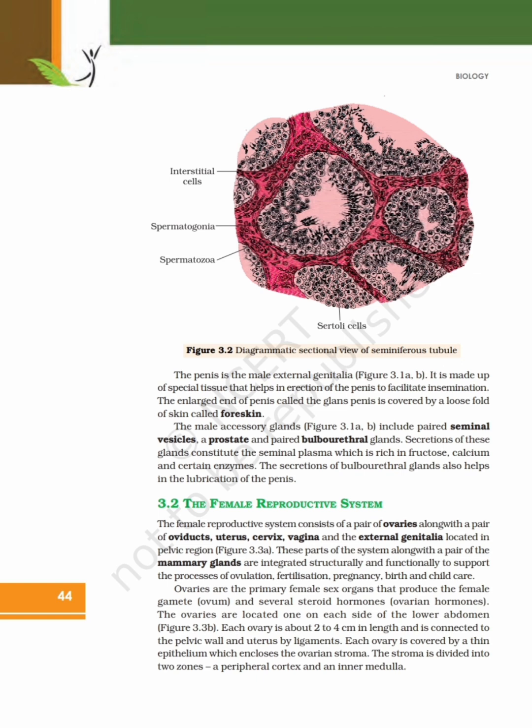Now the next topic is the female reproductive system. Okay, so what all parts does the female reproductive system consist of? The female reproductive system consists of a pair of ovaries. Like in male reproductive system there was a pair of testes, here we have the pair of ovaries.